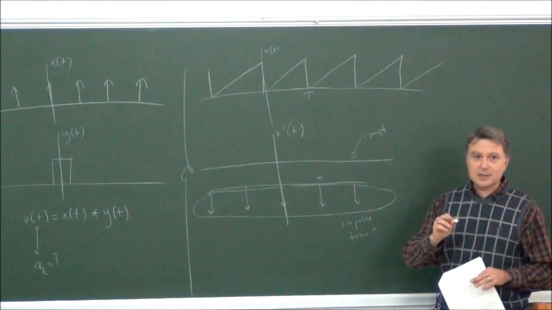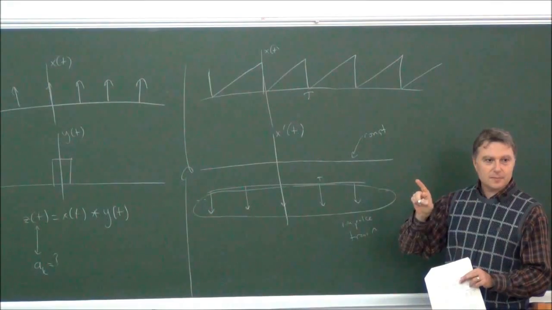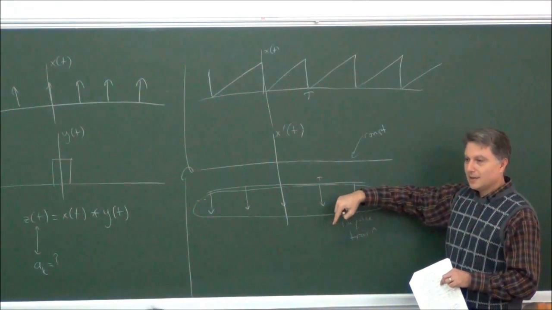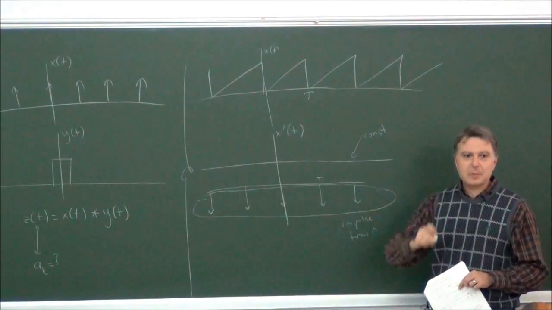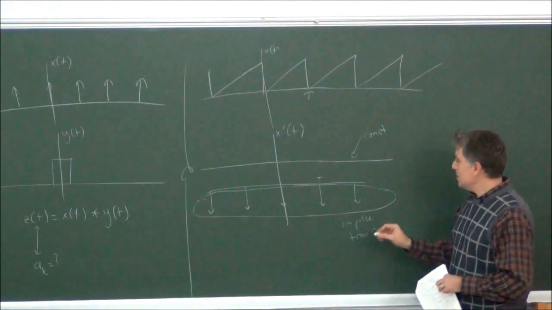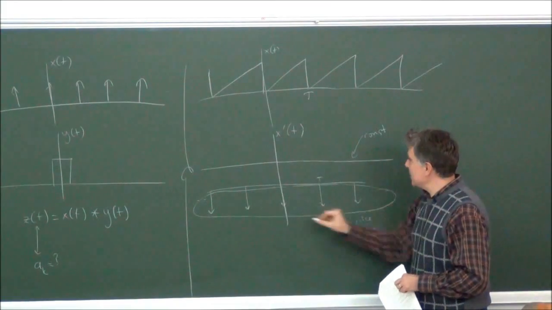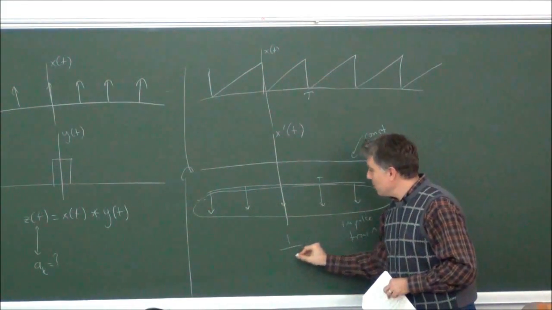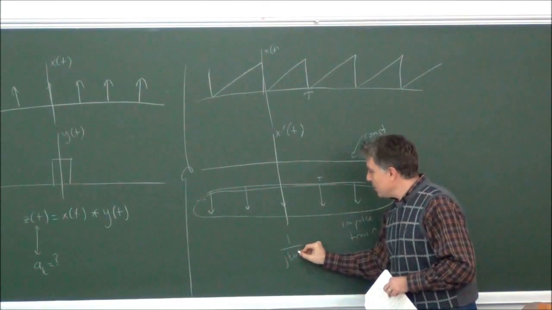And there is a property relating integrals and derivatives. The Fourier series coefficients have a relation. Okay, that was property number something. And use that property, which divides the Fourier series coefficients that you find from x prime of t by jk omega 0.